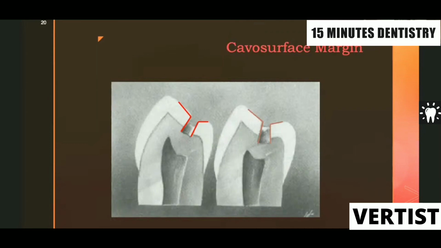Okay, if you are doing composite, you have to have a finish line, a finishing margin on the enamel, right? And then you have to bevel it. So there are different types of bevel: slide bevel, long bevel, short bevel. Okay, so these different bevels are there. So depending on the restorative material that you're going to use, the design may differ a little bit.